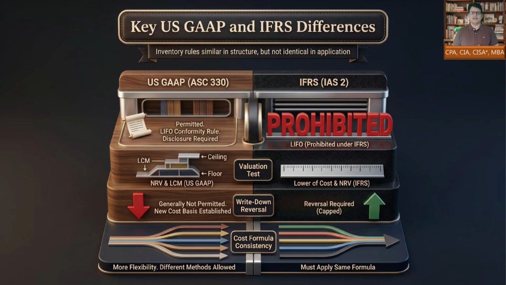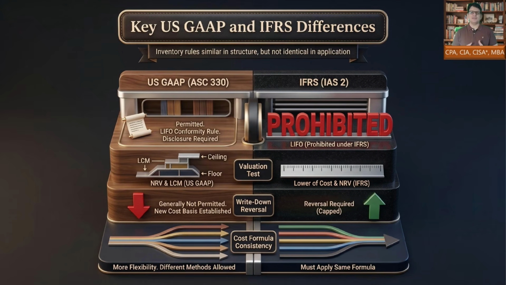Second, US GAAP uses NRV for most inventory and LCM for last in, first out and retail method inventory, while IFRS generally uses lower of cost and NRV without the LCM ceiling floor framework. Third, US GAAP generally does not permit reversal of inventory write downs, while IFRS requires reversal when NRV increases, capped at the original write down amount.